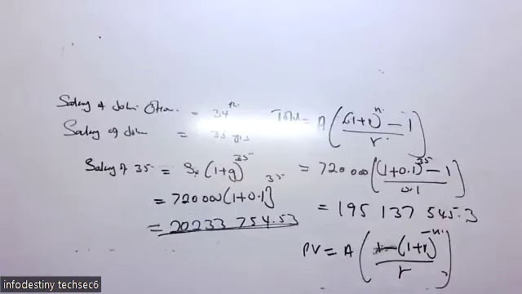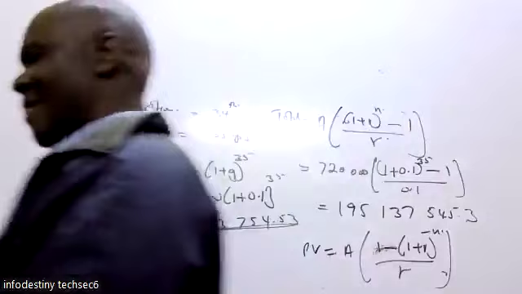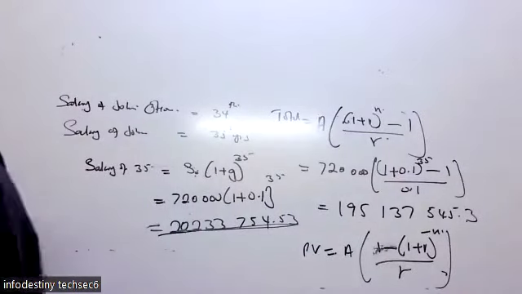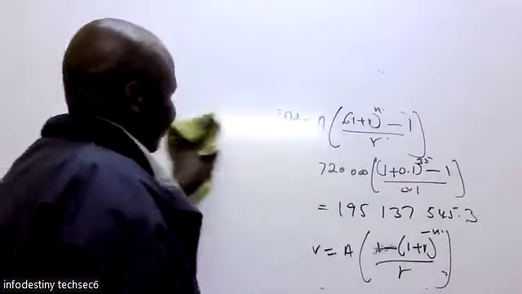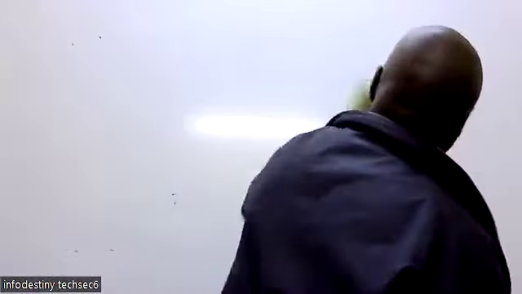Is that one quarter? Okay, let's do that. They're saying that a certain salesman is paid a monthly basic salary and a commission on the sales made.